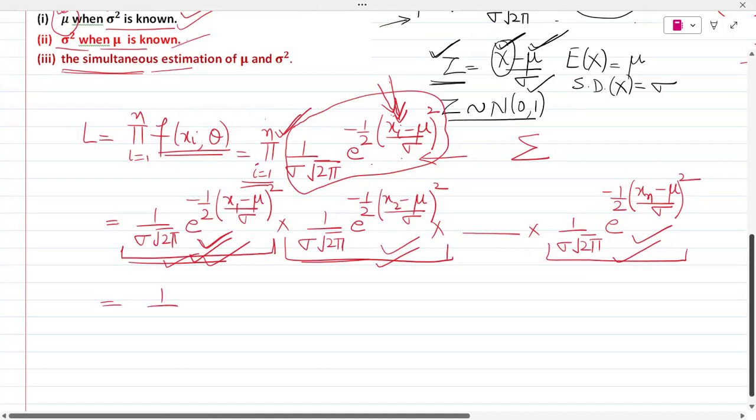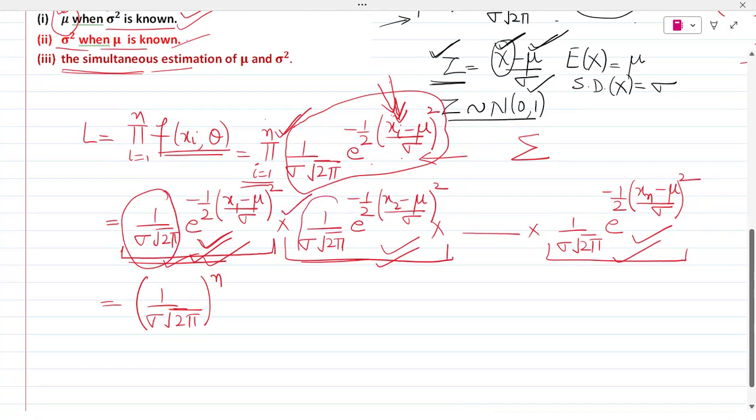So this is now 1 by sigma root 2 pi. So actually you will require the expression of this normal PDF. So 1 by sigma root 2 pi, and here it will be raised to power n. Why? Because this term is there, into this term is there, and so on.